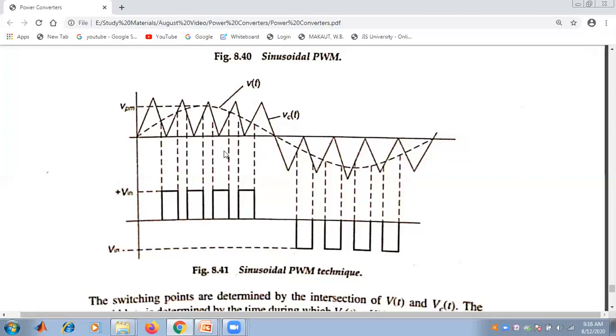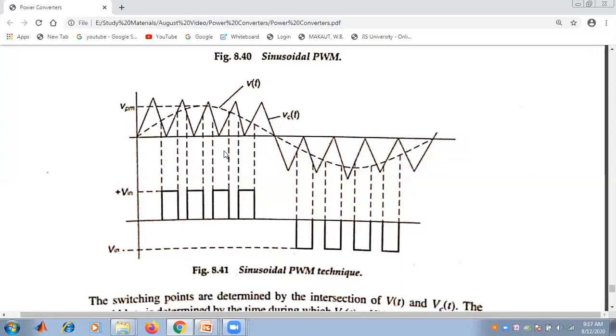And we have to see that from the previous to the next switching point where the value of VCT is less than VT, that particular part will be there in the input.